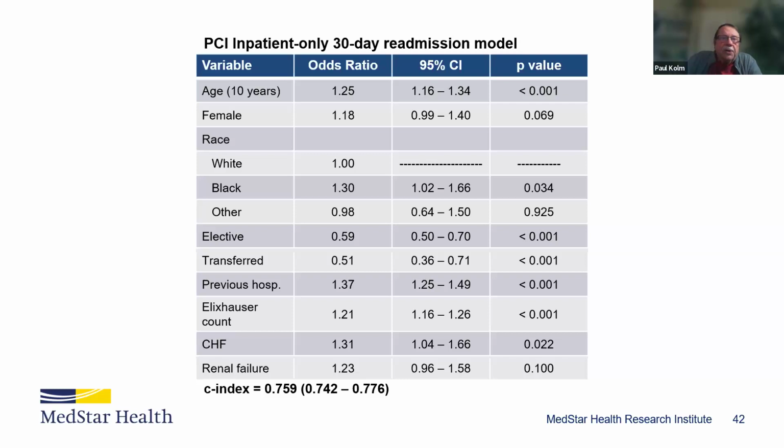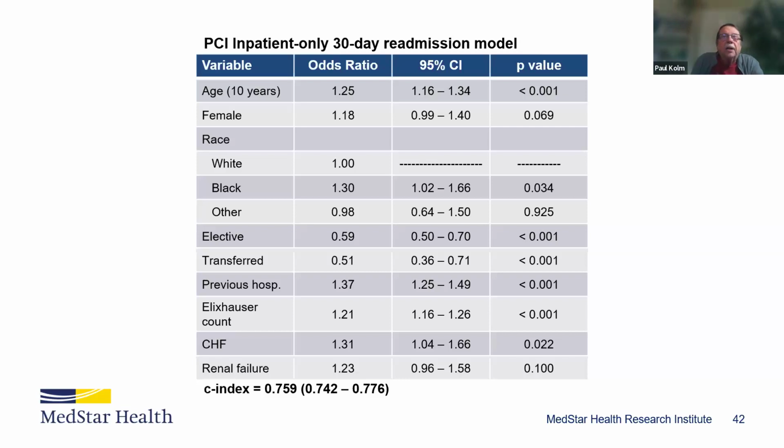And then for logistic regression, general linear models and generalized linear models, we need to look at how valid our results are. And so there's two statistics that we calculate, the C index and the calibration index.